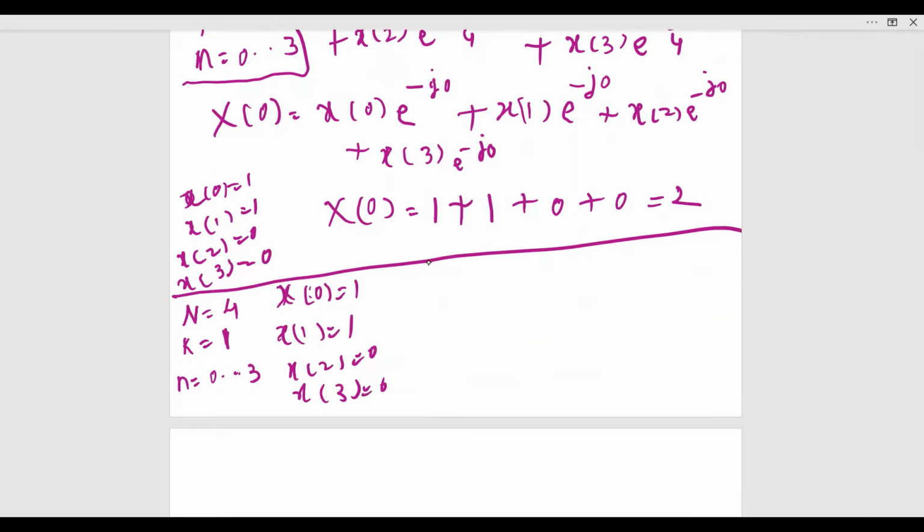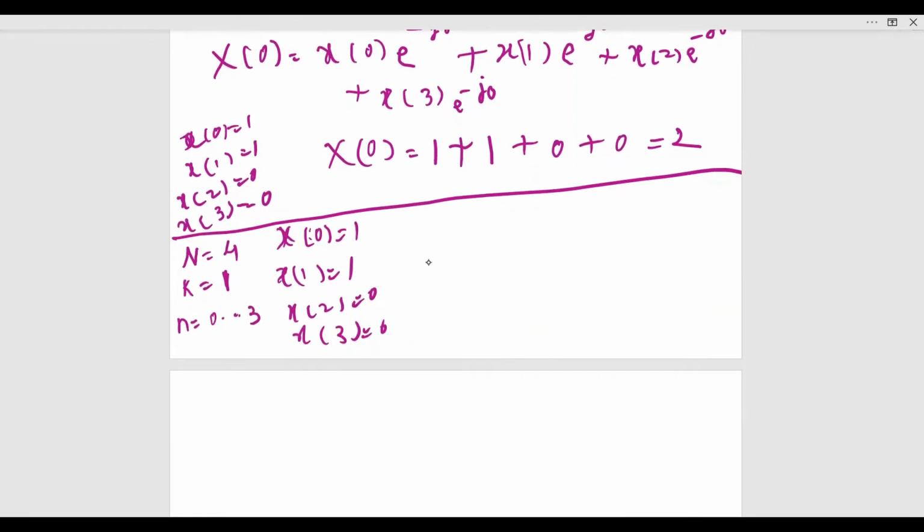Now we'll write the formula for x of 1, substituting k as 1.